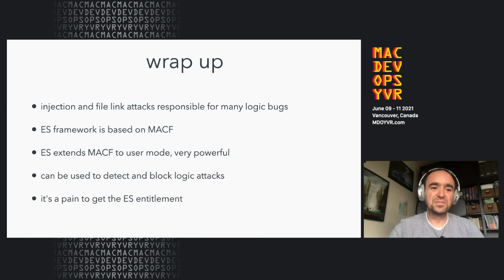And this is all possible because the framework is based on the MACF framework in kernel mode. And the tight integration of these two makes it a really powerful framework for security products. And yes, it's really hard to get the entitlement if someone would like to develop such an application.